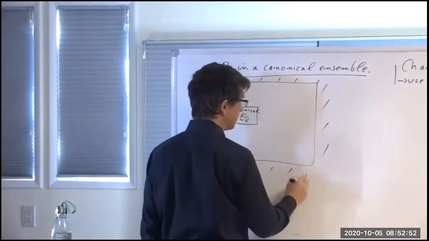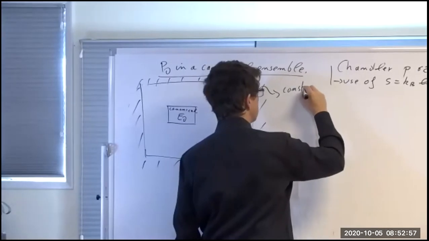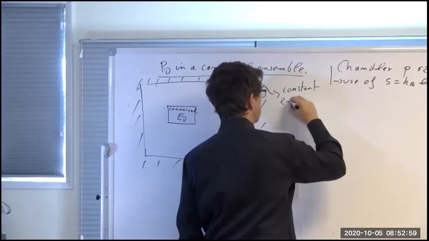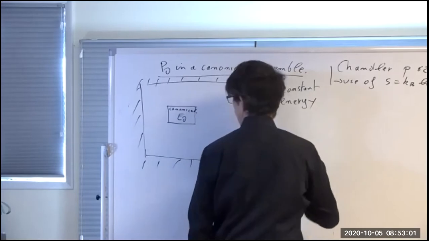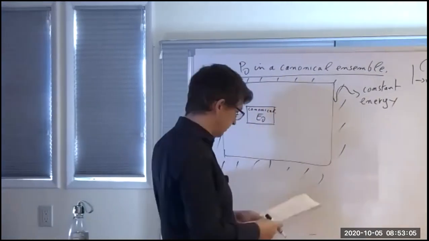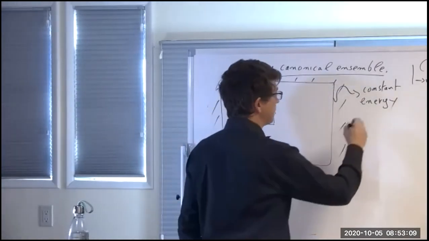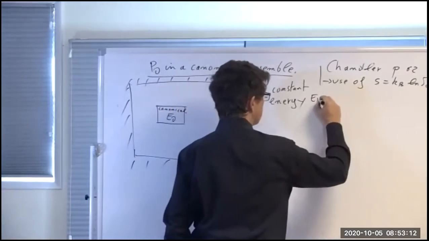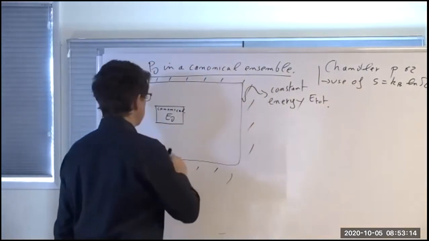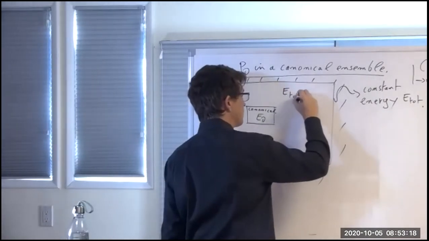So the larger system is constant energy. Which means that if this has, let's say, constant energy E total, if you have energy E nu here, then the rest of the system has E total minus E nu, right?